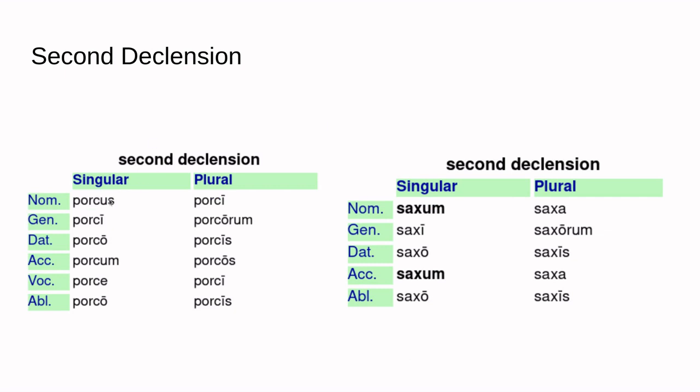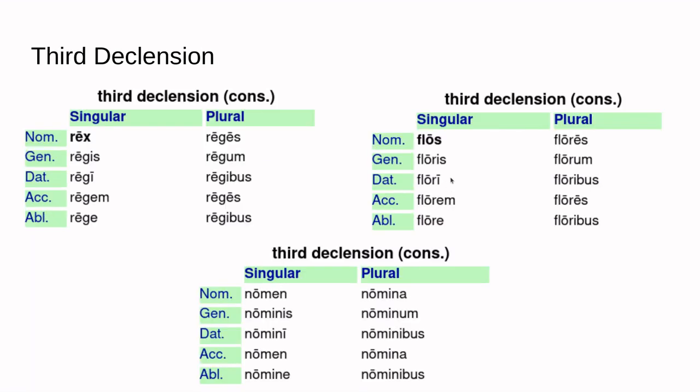So porcus would be an example of a masculine second declension. Saxum would be an example of a neuter second declension. You've got third declension, so flos would be an example there. This one's kind of fun, the third declension, in my opinion, because you get more of a change when you switch up cases.